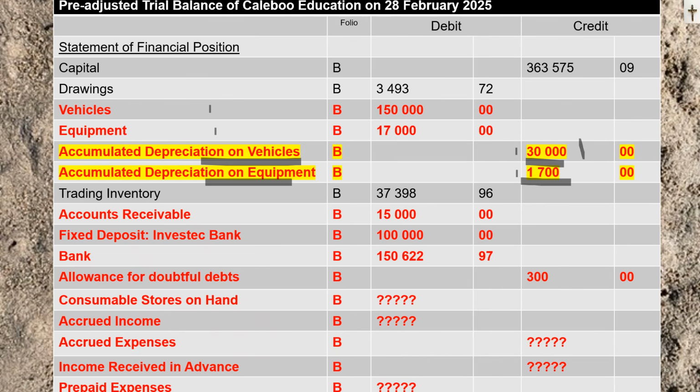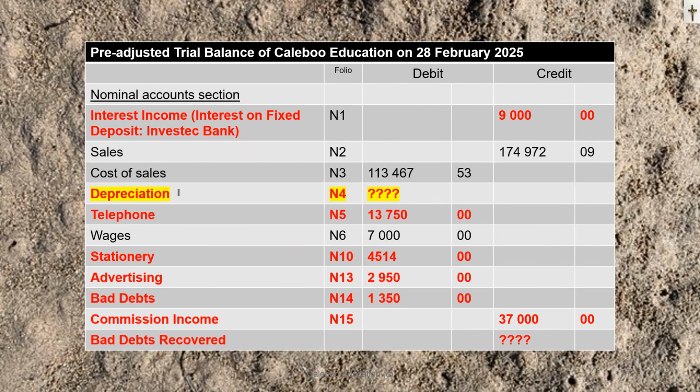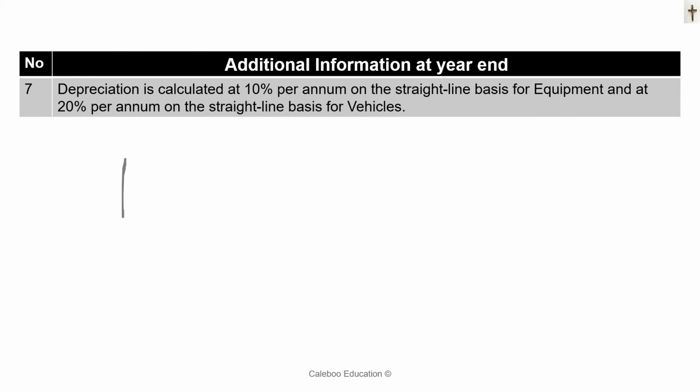So this year, this is going to increase when we do the adjustment for depreciation. Let's say, for example, this was year 1 and now we still need to do year 2. Depreciation is an expense and it falls in the income statement expenses, but at the moment we don't have a number for the depreciation account, but after the adjustment we will. So here we go.